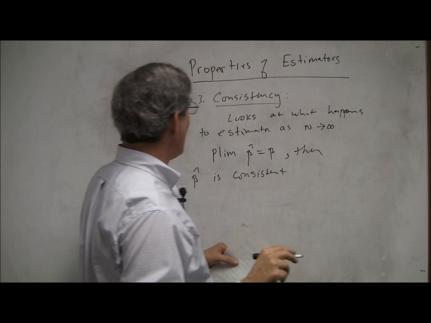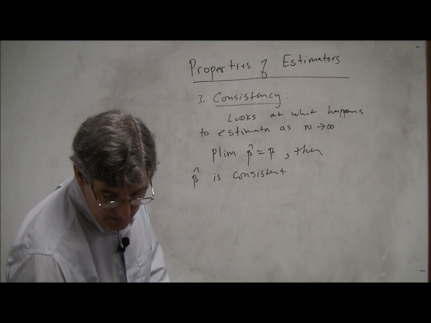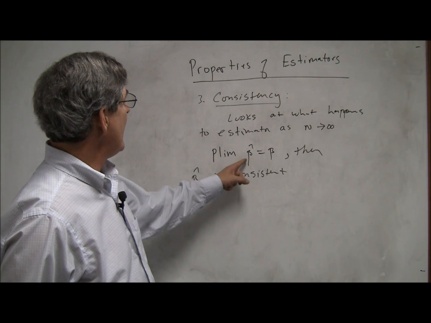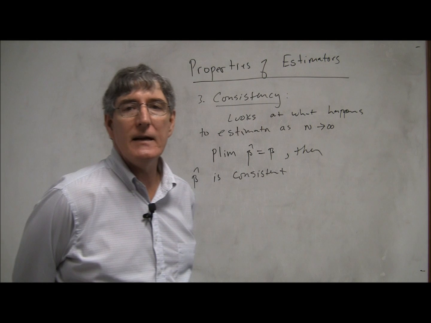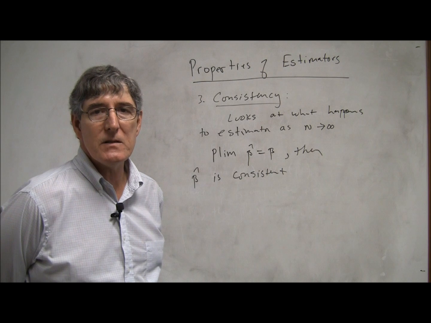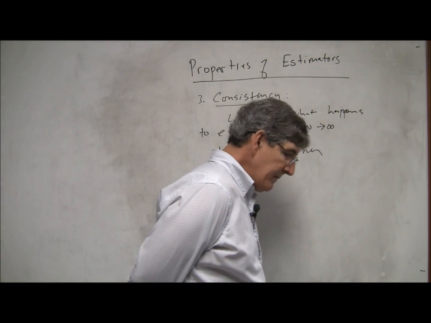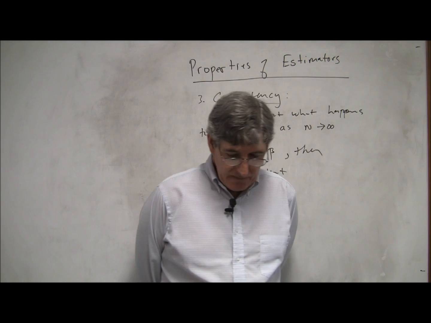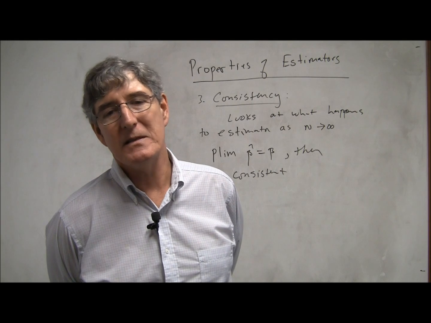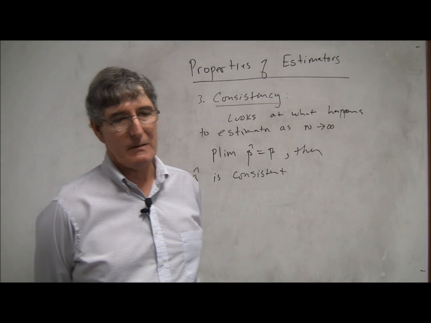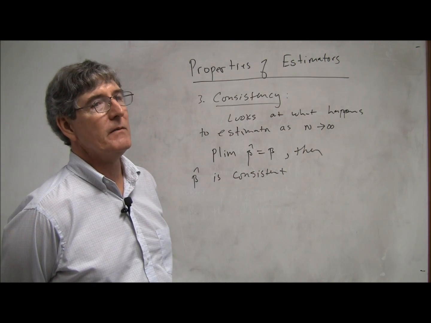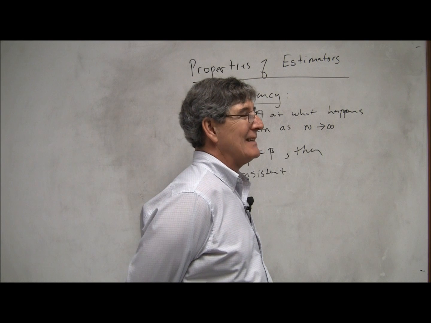All that means is that if you have an estimator, beta hat, and I let n go to infinity, as n gets bigger and bigger and bigger, I'll eventually hit the true value. So remember that we showed earlier that the expected value for rolling a dice is 3.5. 1/6 times 1 plus 1/6 times 2, and so on, plus 1/6 times 6. It's 3.5. On average, the value of the die will be 3.5.